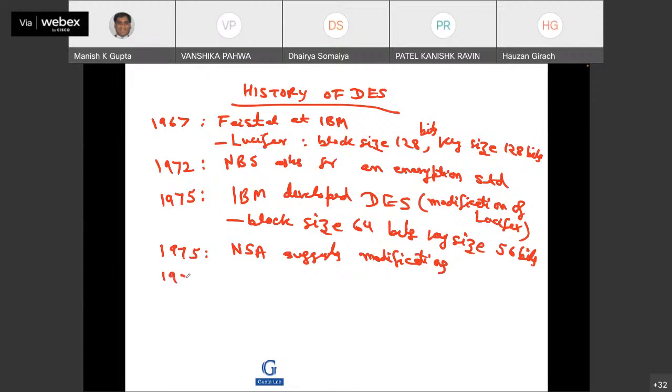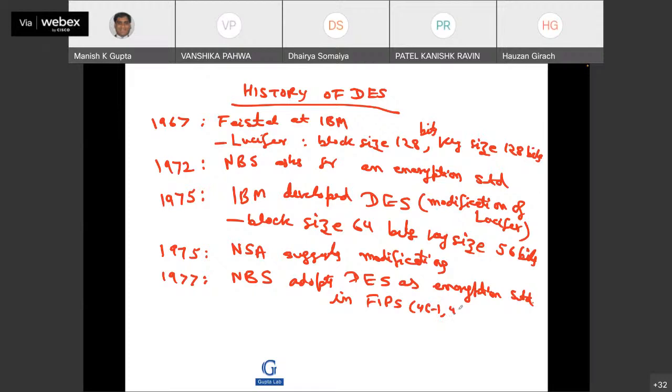And finally, in 1977, NBS adopted DES as the encryption standard in FIPS 46, 46-1, 46-2. This original document is now available; you can download and see it yourself.